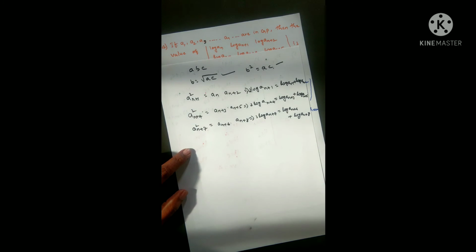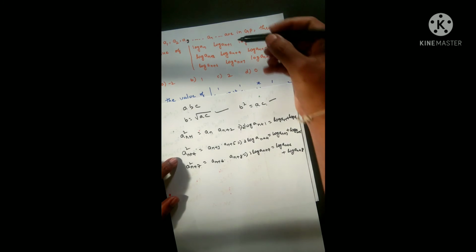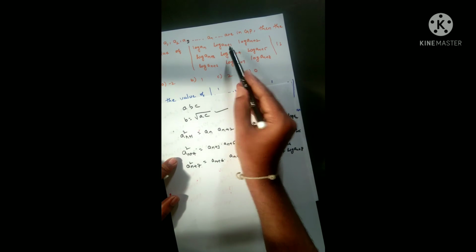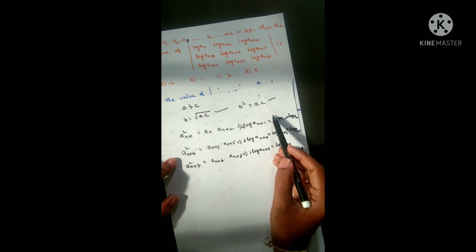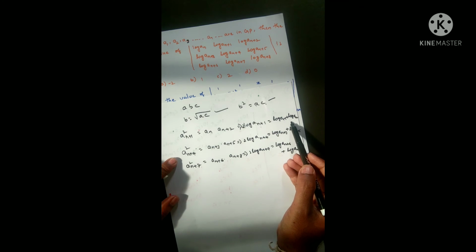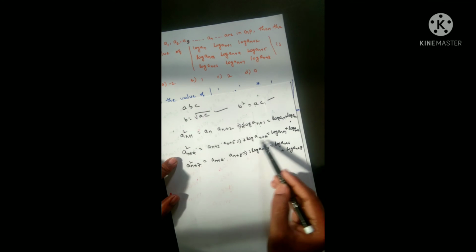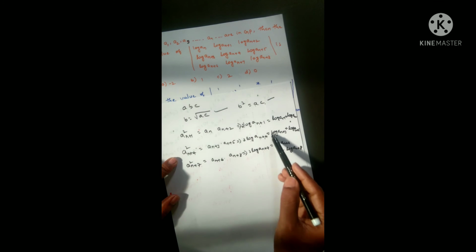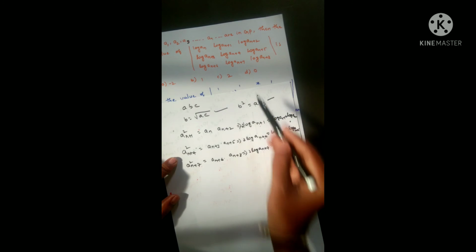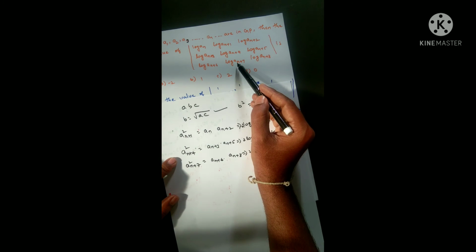Now what will be the second column? Listen, what is there in the second column? Log A n plus 1 is log A n plus 1 by 2 of this. In the same way, log A n plus 4 we can write as 1 by 2 of this element.